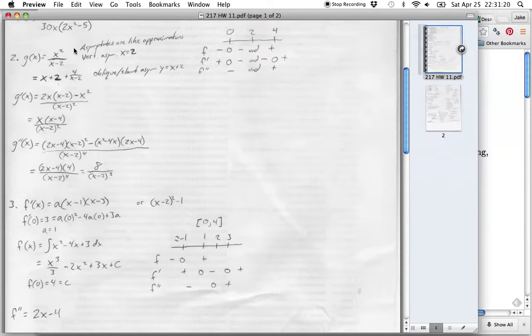If I do this in long division, with my x squared inside and my x minus 2, I'd say, okay, what times that gives me x squared? Well, that'd be x, and then I'd have this extra bit left over, so then I'd do 2, and then I'd have this remainder here.